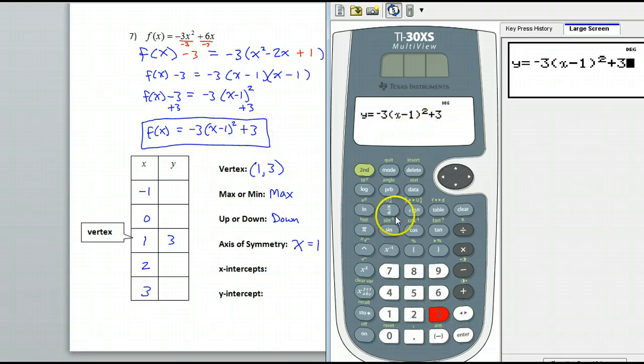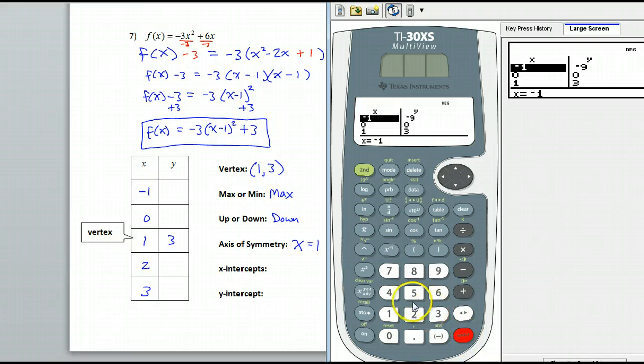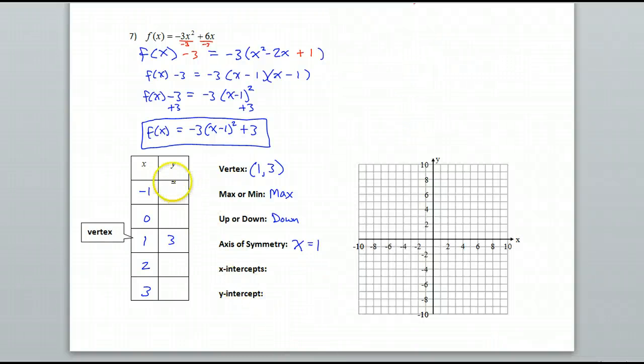Alright, boom, there it is, it matches. I'm going to make this start at -1, because that's where my table starts, so -1. Okay, so that means I have -9, 0, and 3. -9, 0, and 3. We already knew that.